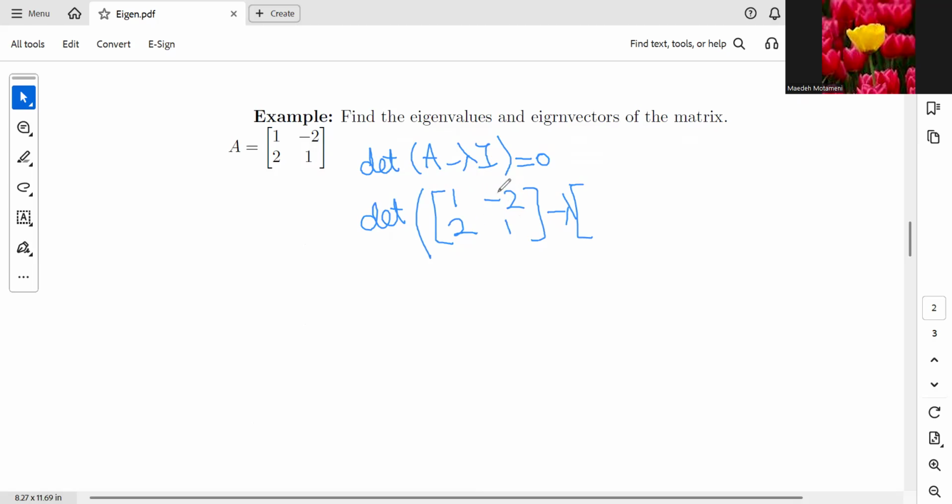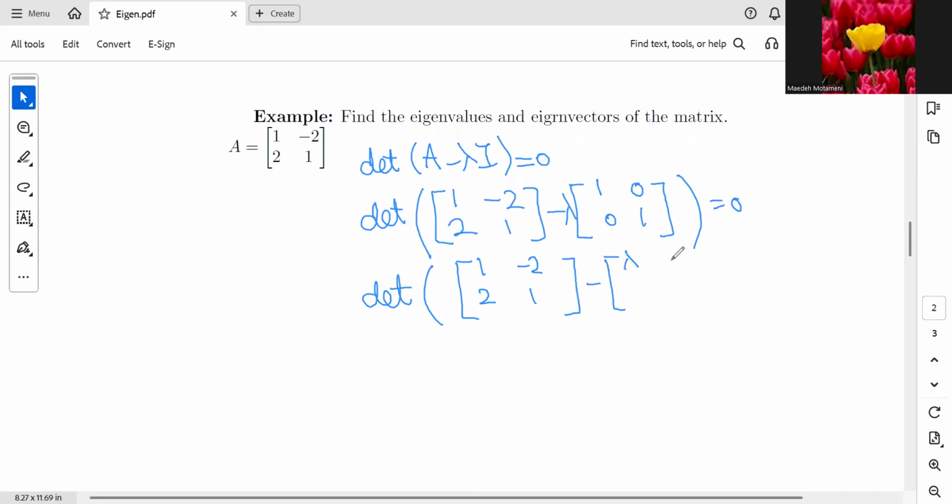This is a 2 by 2 matrix, so the identity would be 2 by 2 here. If we multiply by lambda, that would be lambda, 0, 0, lambda here.